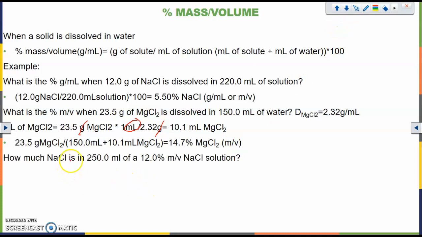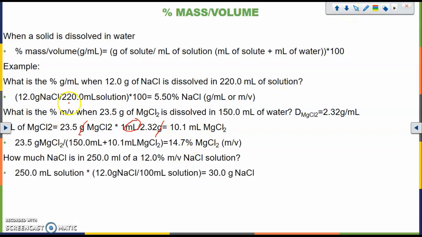The variations are quite similar here for mass volume and volume. Here, we are looking for how much sodium chloride is in 250 mils of a solution if it's a 12% mass volume concentration. So it's straightforward math. The mils of solution has to cancel out. Remember that anytime you see a percent, you look at the concentration. M, mass, is on top.